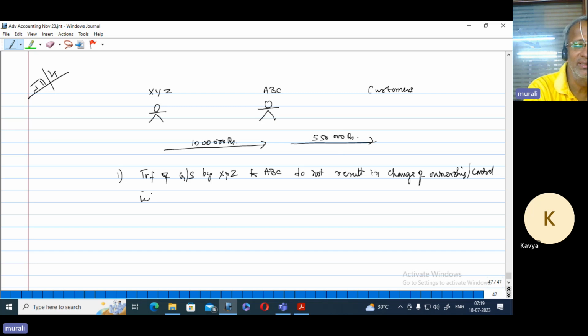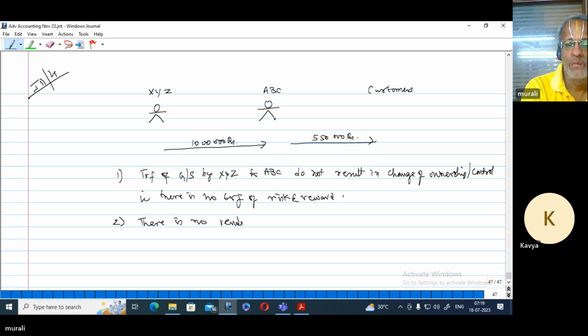That is, there is no transfer of risk and reward. So there is no vendor-customer relationship.